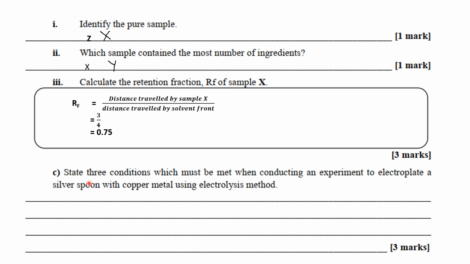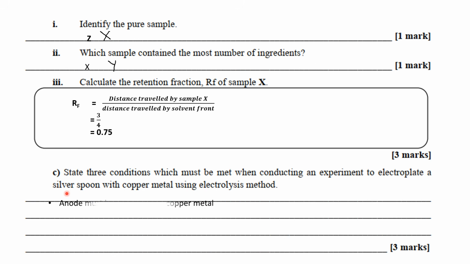C. State 3 factors which must be met when conducting an experiment to electroplate a silver spoon with copper using copper sulfate by the electrolysis method. So we are coating a silver spoon with copper metal. In order to do that, we must meet some conditions.